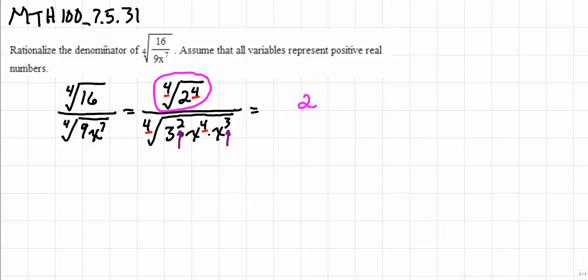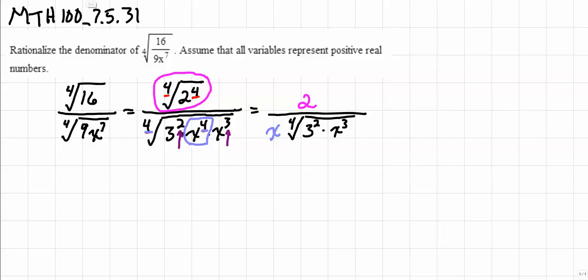I can also take care of this particular expression, because as I already pointed out, the radical index right here and the exponent right here match, so that will leave me with an x outside the radical. And I will still have the fourth root of 3 squared times x to the 3rd power.